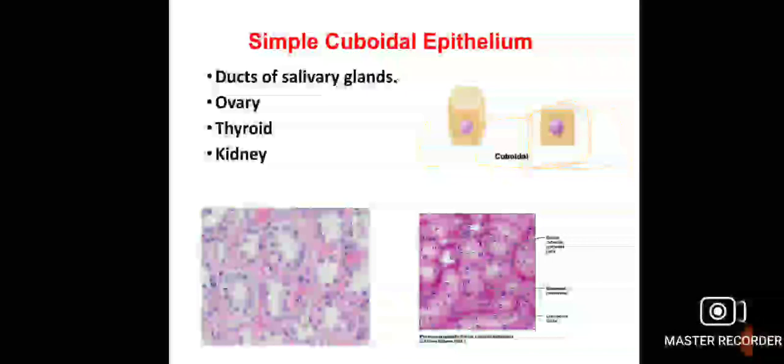The simple cuboidal epithelium is present in the ducts of the salivary glands, for example, the intercalated ducts of the parotid glands, or they are also present in the ducts of the pancreas. They are present in the ovary, thyroid follicles, and distal convoluted tubules of the kidney.